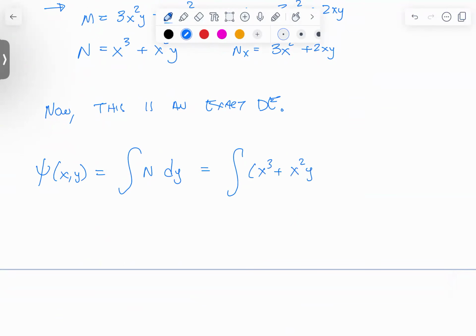Now, once again, are these the same difficulty of integration? Yes.